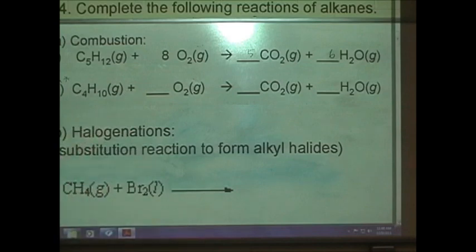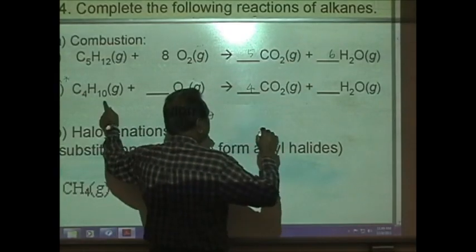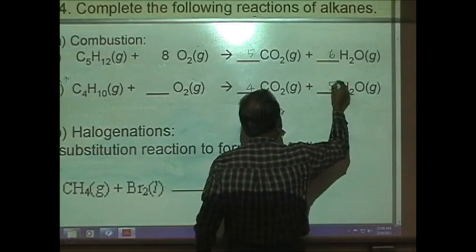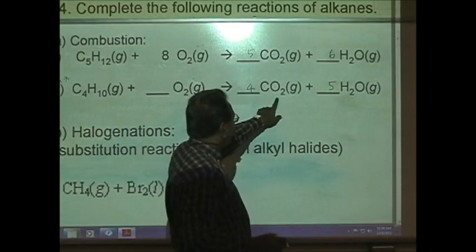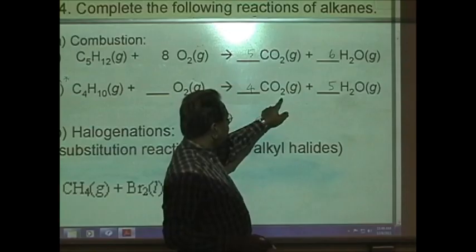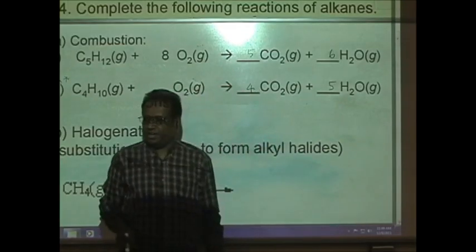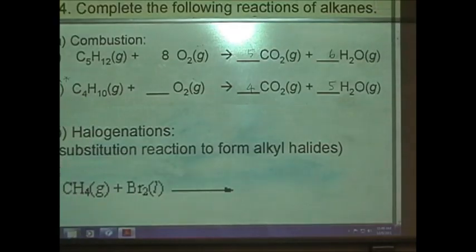No fractional numbers involved. But in this case, this is 4 and this is 5. Now when you multiply and get the oxygens, 4 times 2 is 8, 5 times 1 is 5.